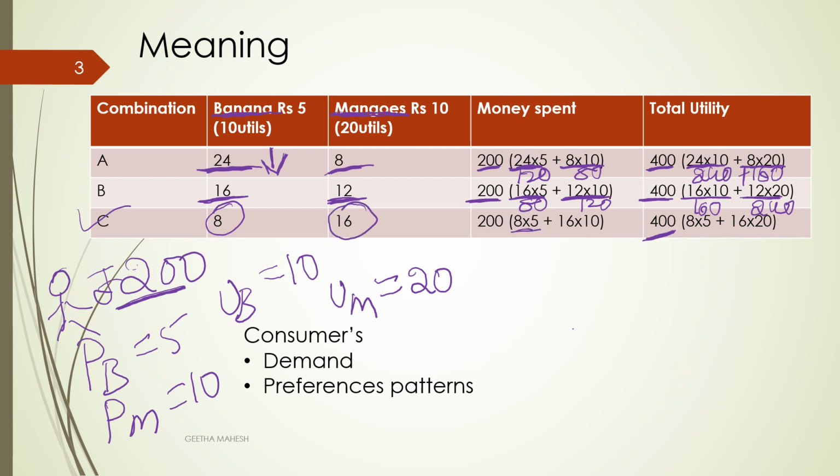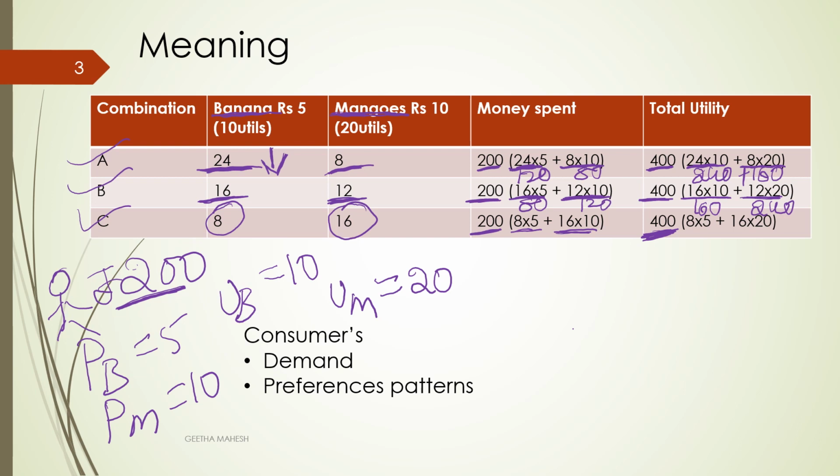Again the money spent on both will be equal to 200 and from that combination too he derives 400 units of utility. By observing this, you can say that all the combinations A, B, C give the same level of satisfaction.